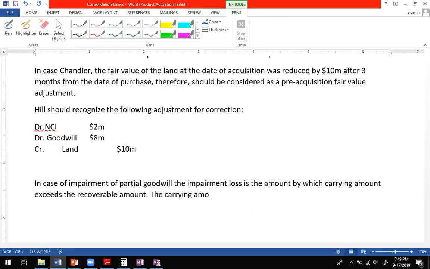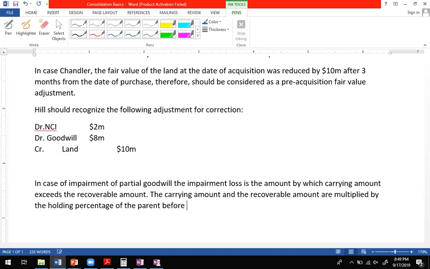The carrying amount and the recoverable amount are multiplied by the holding percentage of the parent before calculating the impairment loss. Any loss is only allocated to parent.